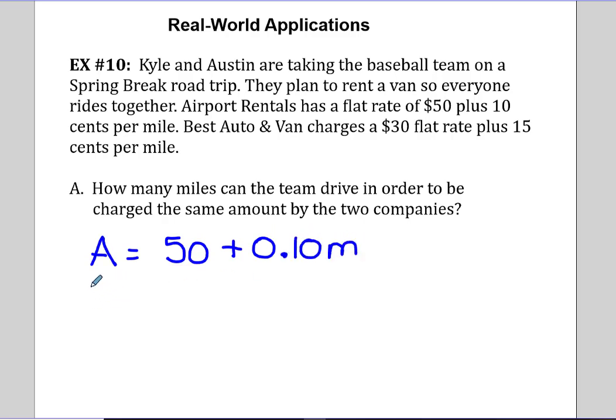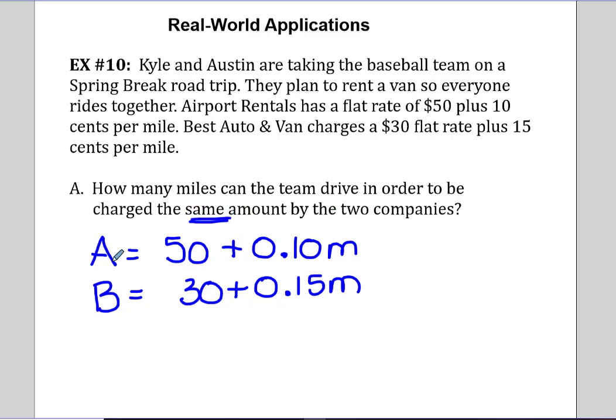And Best Auto and Van, we'll call them capital B for Best, has a $30 flat rate, and they charge 15 cents for every mile that you travel. How many miles can the team drive in order to be charged the same amount by the two companies?